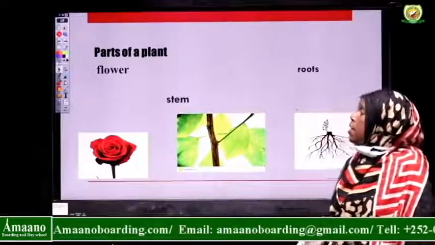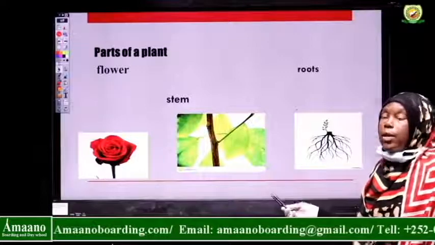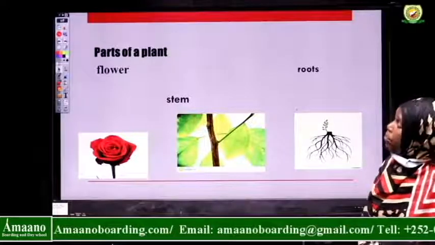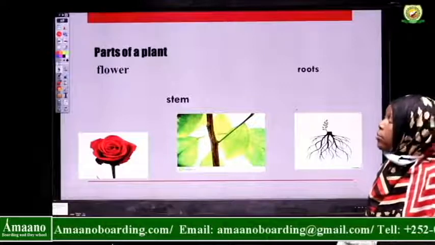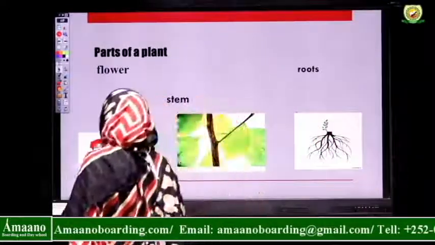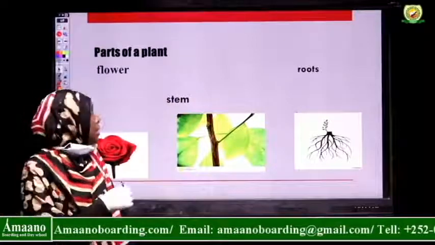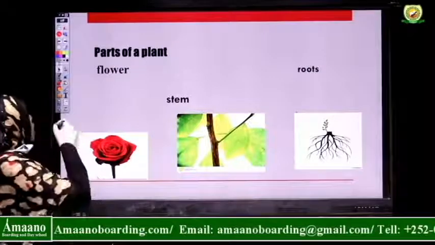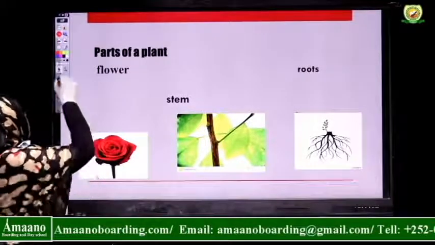Okay, on our board today, we have the parts of the plants. The first one we have there is what, children? It is the flowers. This is a lovely flower.